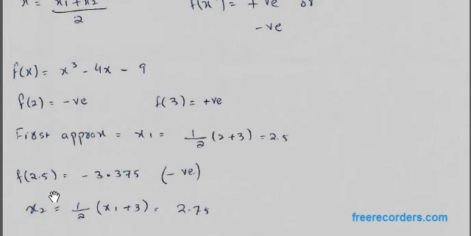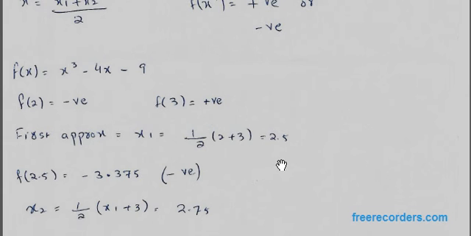At 2.5 the function answer comes out as minus 3.375. It's a negative number. Then we go further for the second approximation. For the second approximation we choose two values, one positive and one negative. This root came out negative, so I choose another value which should be positive.